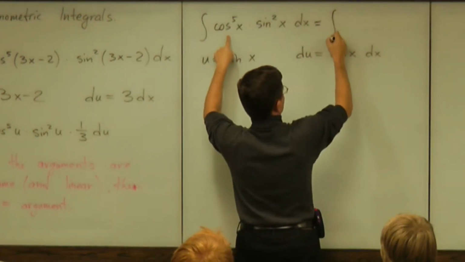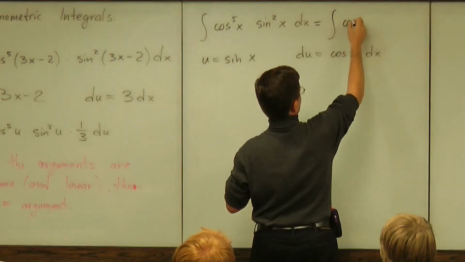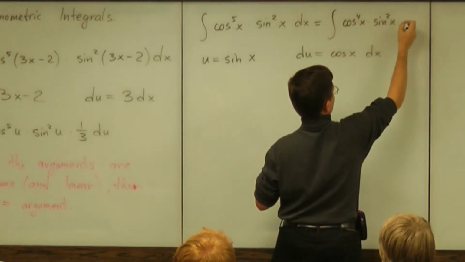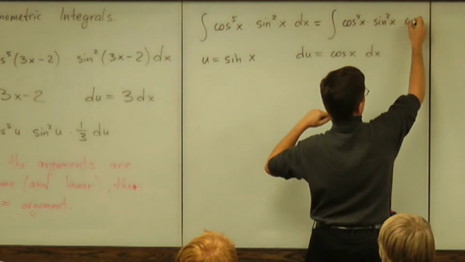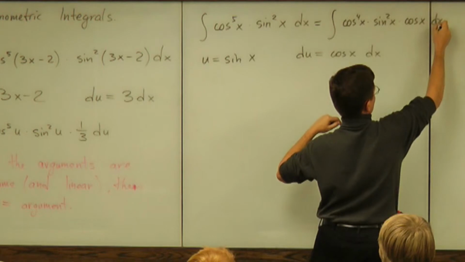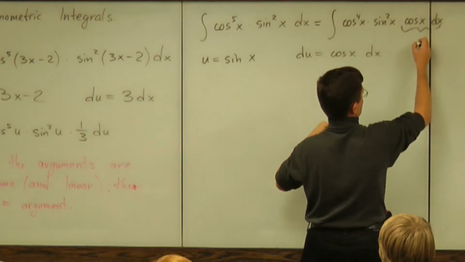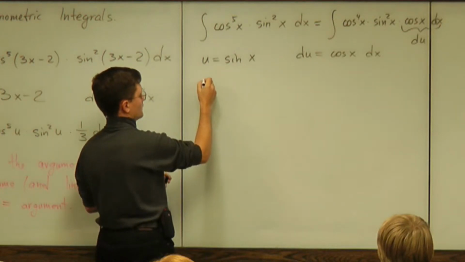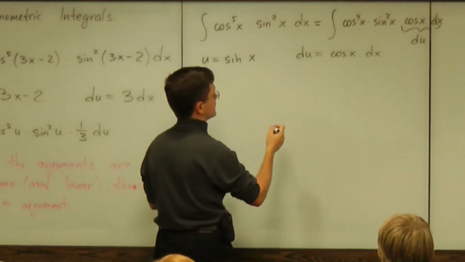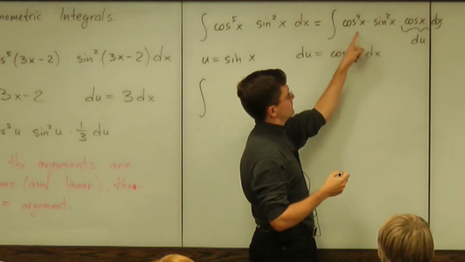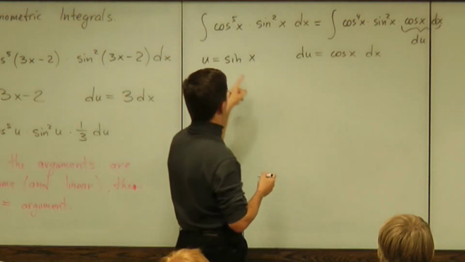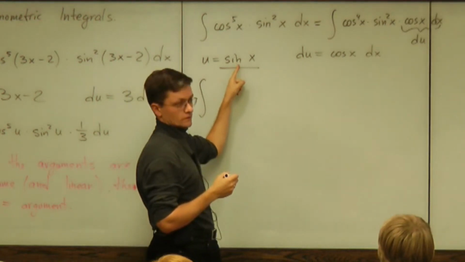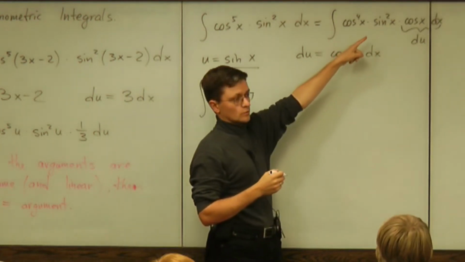If I rewrite the integral as cosine to the fourth times sine squared times that extra cosine, then I'm making this du, and I'm left with a product of powers of sine and cosine, and it's easy to deal with the sine, right? It will be simply u squared.